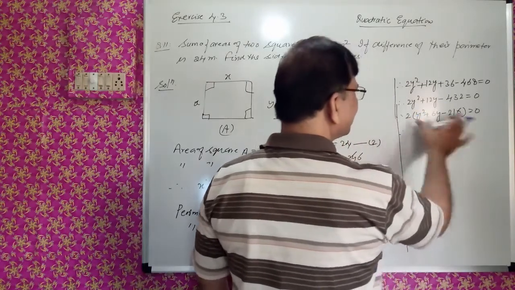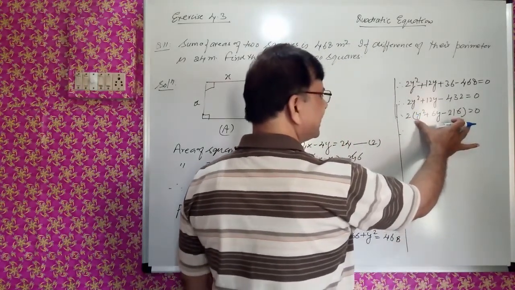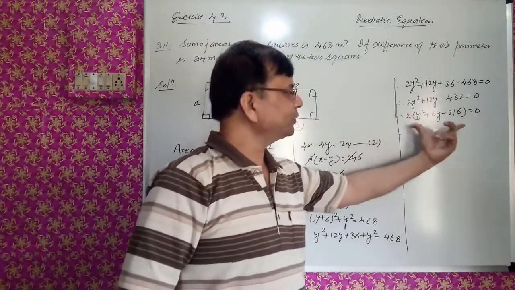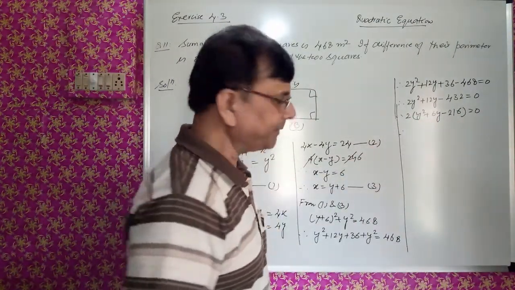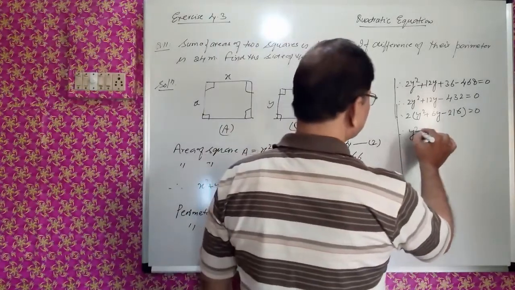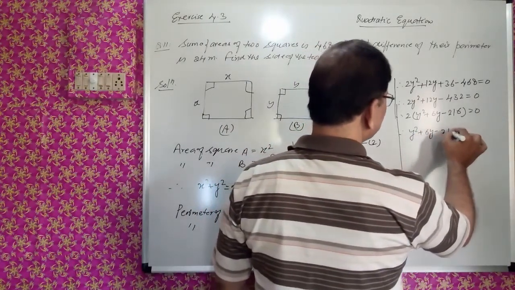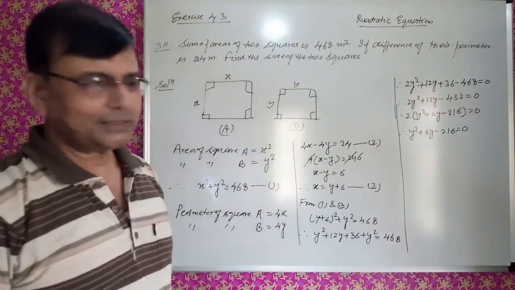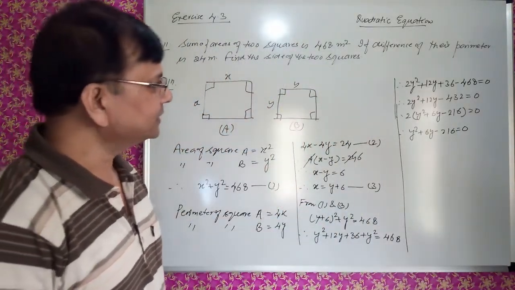2 is not 0, so in the product of 2 and this part, this part will be 0. So we can write y squared plus 6y minus 216 is equal to 0. Let's see whether we can solve it by the factorization method.